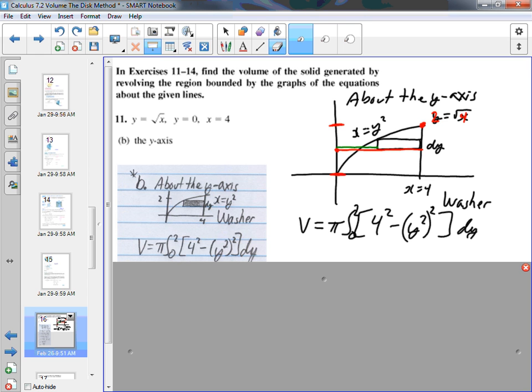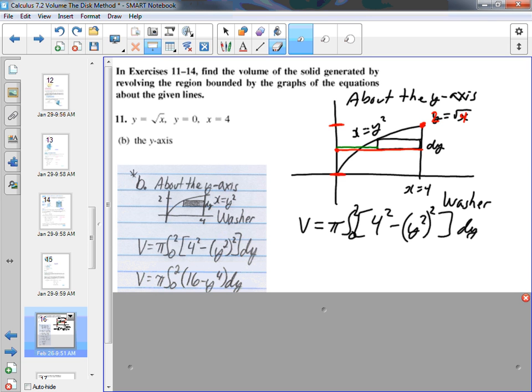There's a difference between squaring the 4 and squaring the y squared as opposed to making it a quantity and putting an exponent of 2 on there. So don't make that mistake. All right, so this starts off pretty easy. That becomes pi times the integral from 0 to 2 of 16 minus y to the 4th dy.